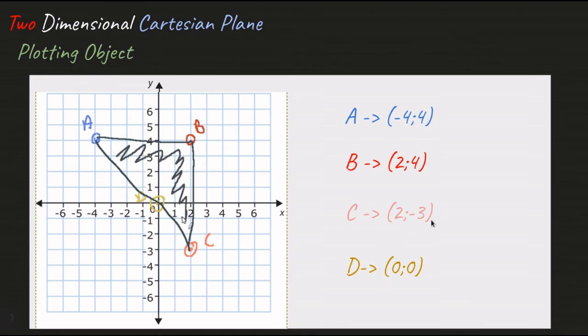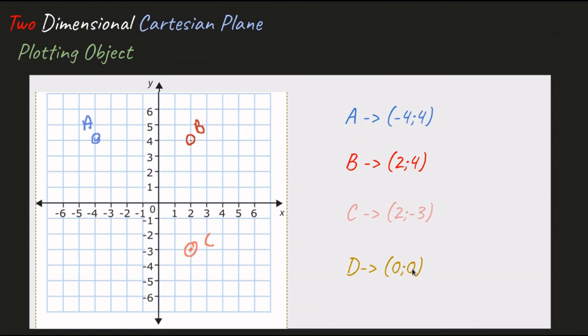So let's do that again. A we've defined as minus 4 x, plus 4 y. B is plus 2 x, plus 4 y. Quadrant 1, both are plus. And C is 2 x, minus 3 y.